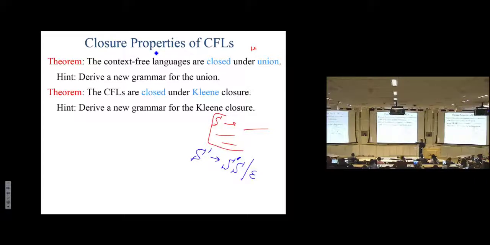Which means you're looping over this grammar over and over and over again, concatenating strings from this language to other strings of this language. And you're getting the Kleene closure because you're getting any possible large number of concatenations of strings from the red language over and over again. And this is a loop here in blue.